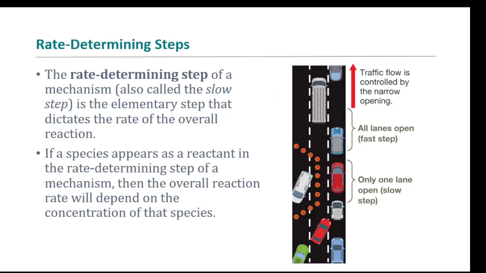Okay, so rate determining step of the mechanism. This is called the slow step of the mechanism. This is going to be the elementary step that dictates the rate of the overall reaction. If the species appears as a reactant in the rate determining step of the mechanism, then the overall reaction rate is going to depend on the concentration of that species.